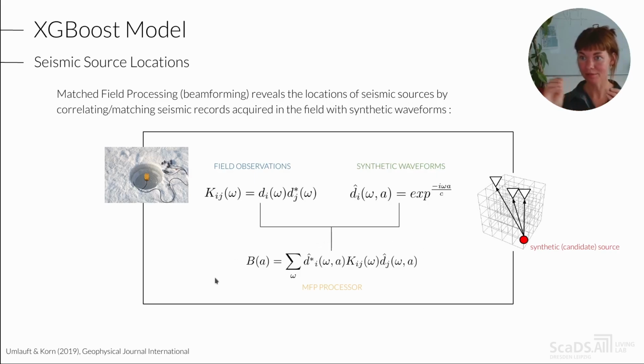And we do that again for each of the positions in the grid, and by doing that we kind of test which of the synthetic waveforms from a certain candidate source position fits our true field observations best. And the position with the maximum correlation between the field observations and the synthetic waveforms would give us the most probable location of a source in the field.